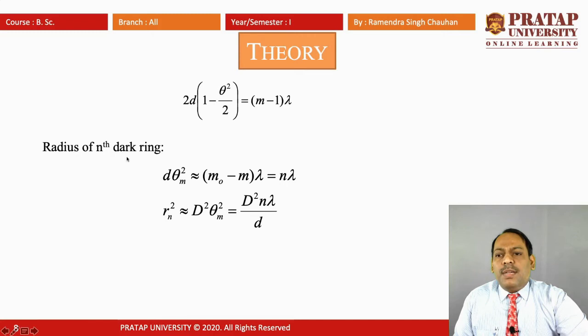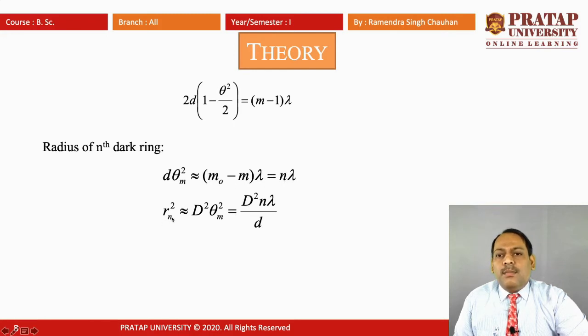The radius of the nth dark ring can be determined, where d theta n square is equal to (m naught minus m) lambda, which is equal to n lambda, where m naught is the order of the central fringe at the center. Because m naught and m are integers, n is again an integer.